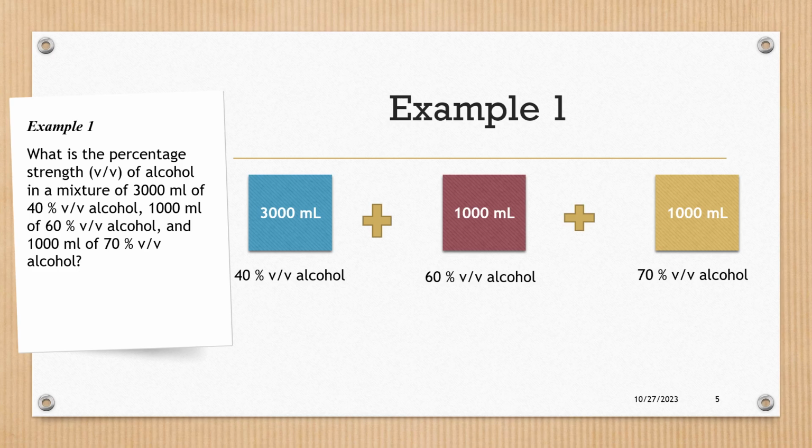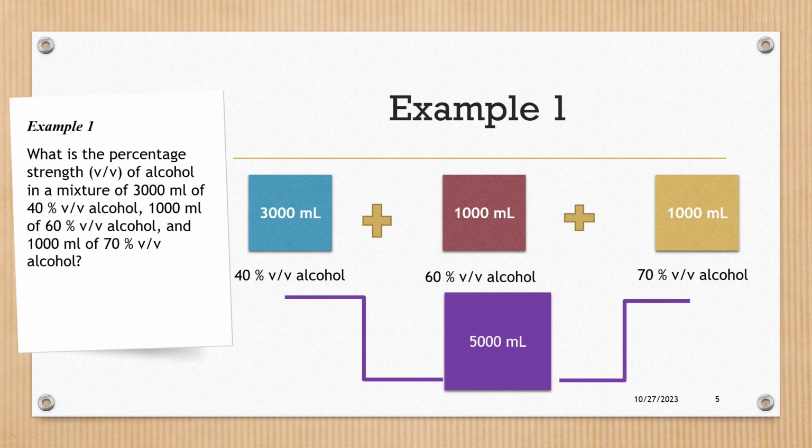Having this information, we have both the quantity that was added and the concentration. So you have 5000 mls of mixture in total, but do we know the concentration? Not yet. This is what we're going to be working out throughout the next few minutes.